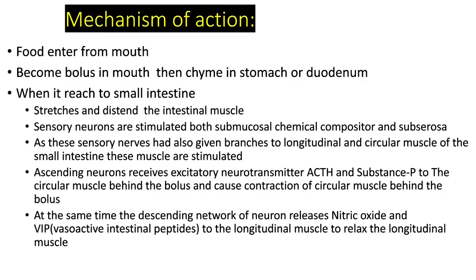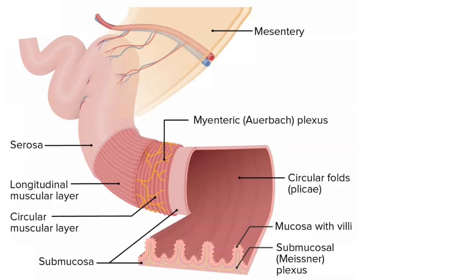At the same time, the descending network of neurons releases nitric oxide and vasoactive intestinal peptide to the longitudinal muscle to relax the longitudinal muscle. So as you can see here, these are the myenteric plexus, which are found in the submucosa. These are the longitudinal muscle, these are the circular muscles, and the serosa.